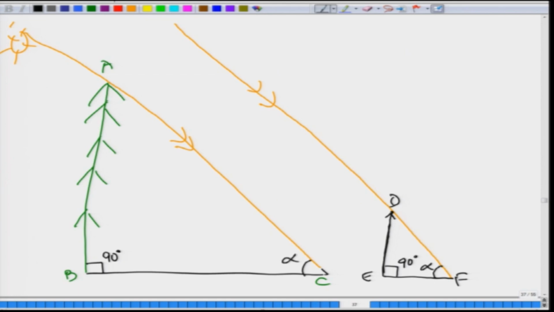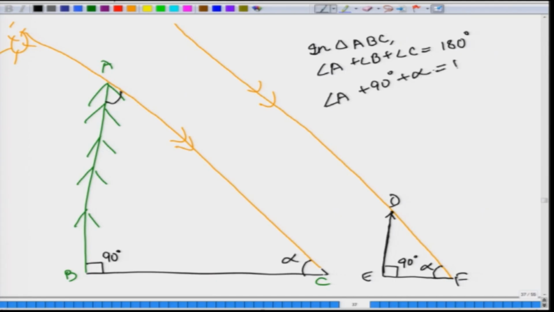Now, in triangle ABC, angle A plus angle B plus angle C is equal to 180 degrees. Angle B is 90 degrees, angle C is alpha, so angle A is equal to 180 minus 90 minus alpha, which is 90 minus alpha degrees. This is the value of angle A.